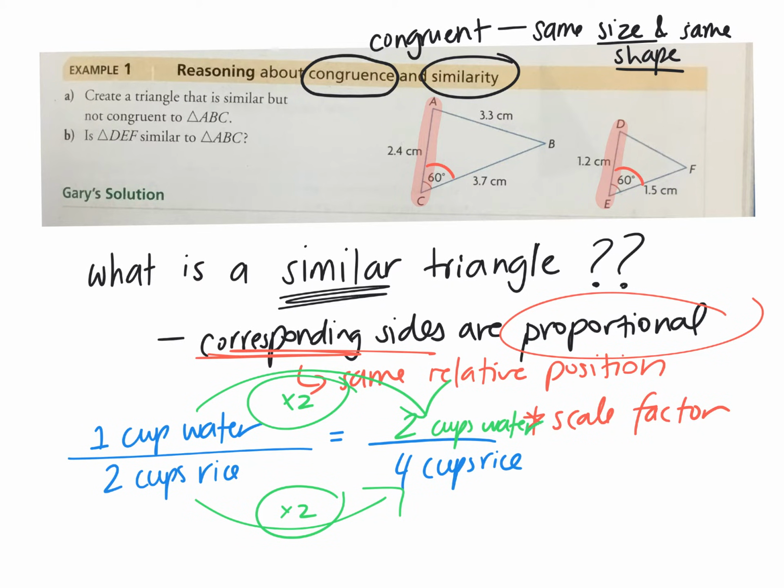So to see if two triangles are similar, you're trying to see if they are proportional. Did it increase by the same amount or decrease by the same amount? For the scale factor, you can see how it's either increased or decreased in size. They have the same shape. So similar triangles will always have the same shape and they will be proportional.